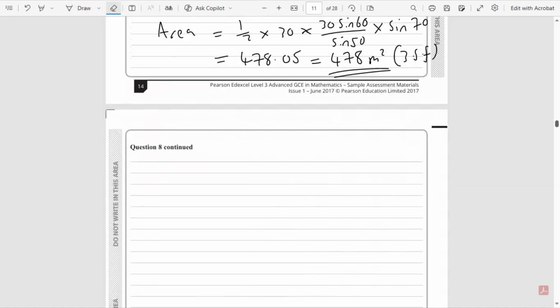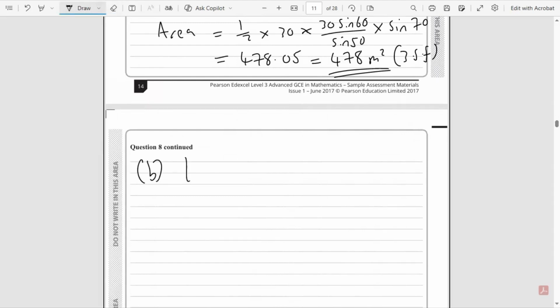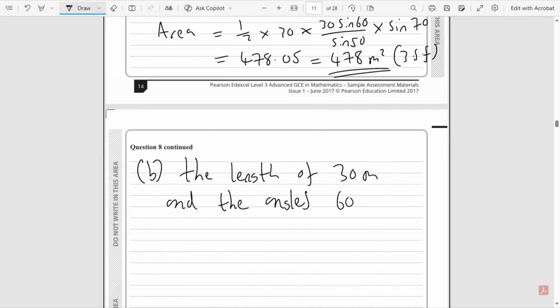So that's one answer we could say with this question here. So let's just write this down. So part B, the length of 30 meters and the angles 60 degrees and 70 degrees are given to 2 sig figs in the model.